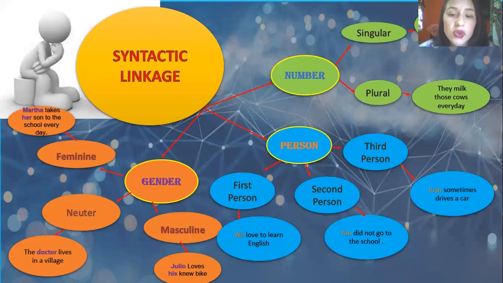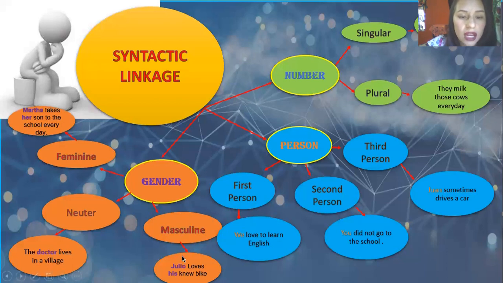Gender is associated with the biological and social differences between women and men. In other words, it is a category of nouns: masculine gender, feminine gender, or neutral gender.